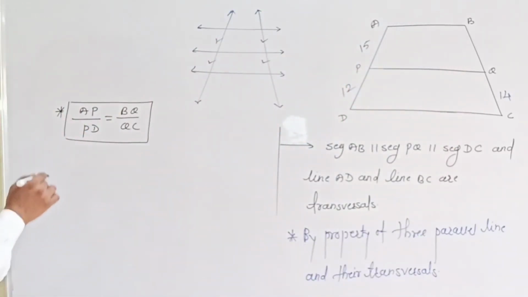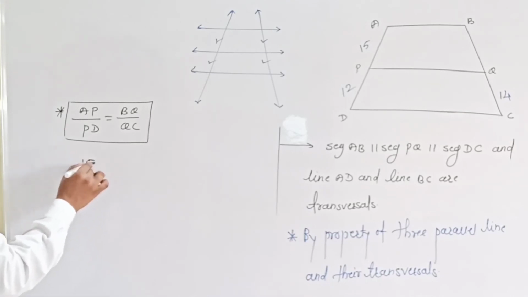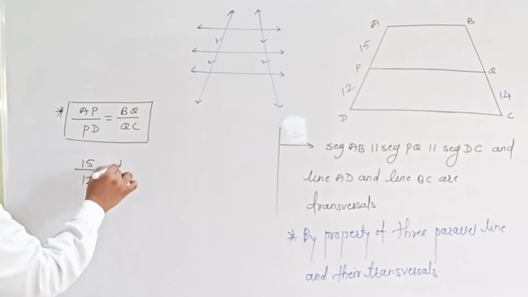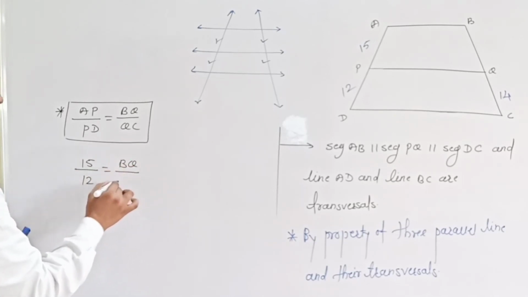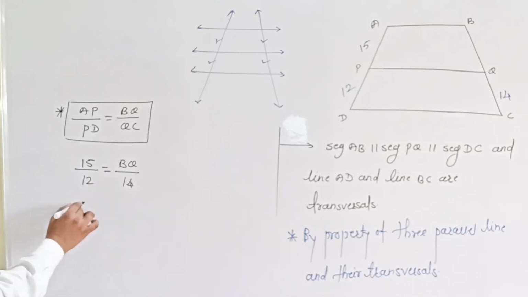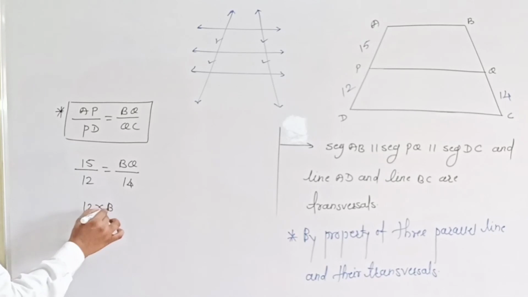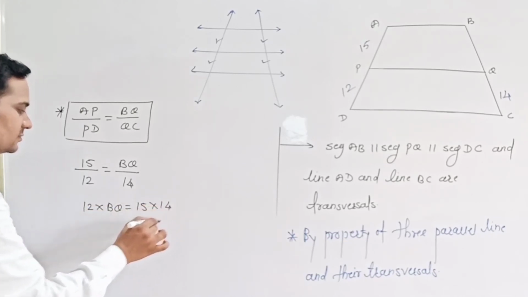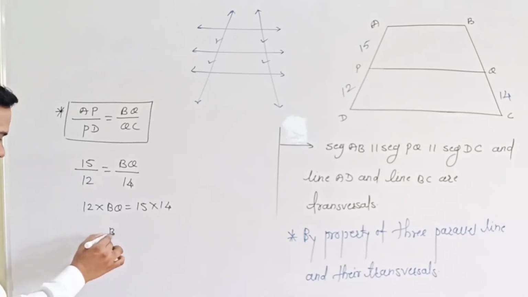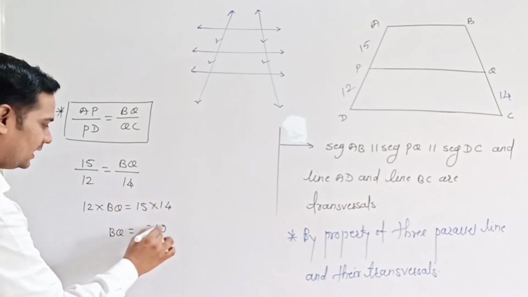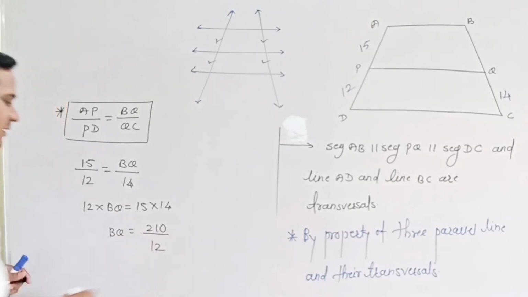So let's put down the values. AP is equal to 15 upon 12 is equal to BQ, which we have to find out, so keep it as it is, BQ, and QC is 14. By cross multiplication, that will be 12 into BQ is equal to 15 into 14. So BQ is equal to 15 into 14, that is 210 upon 12.